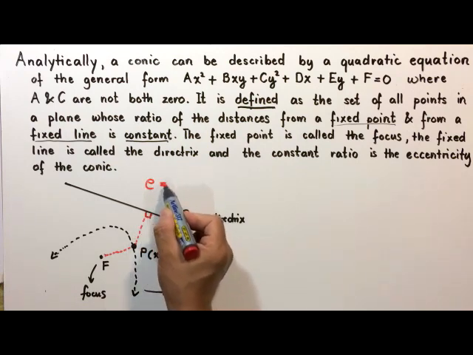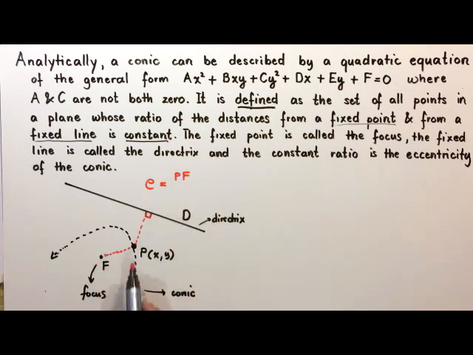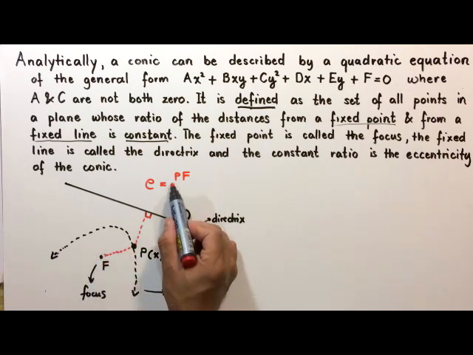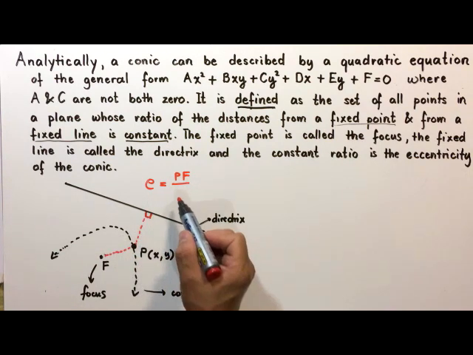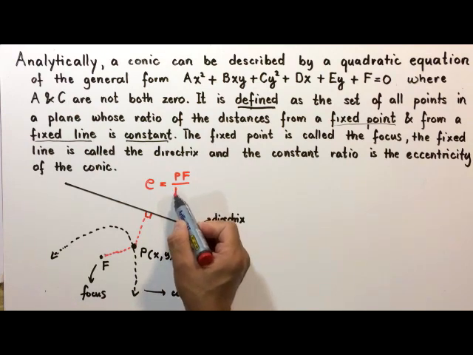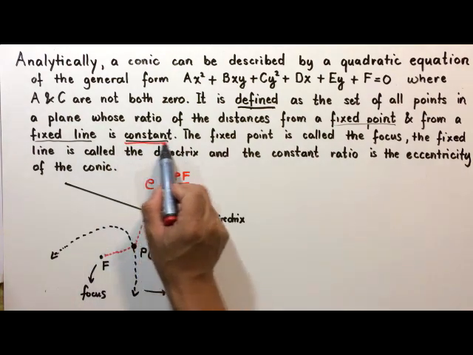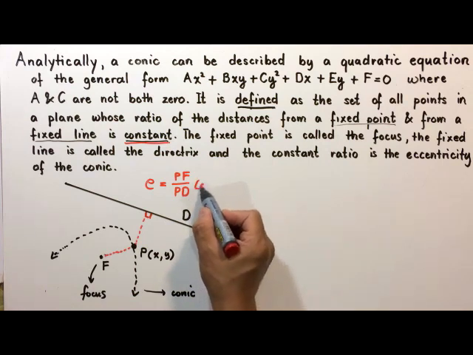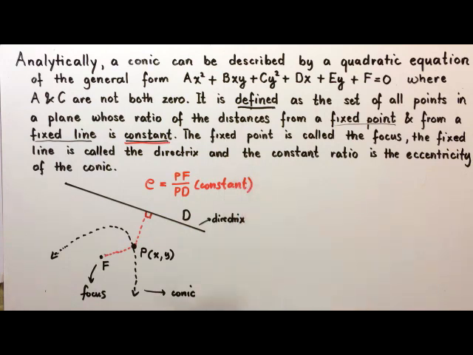Eccentricity is equal to PF, the distance of a point on a conic from a fixed point, over the distance of this point on the conic to the directrix, PD. That is what we call the eccentricity of the conic. And remember, according to the definition, it's constant. So that is the mathematical definition of a conic.